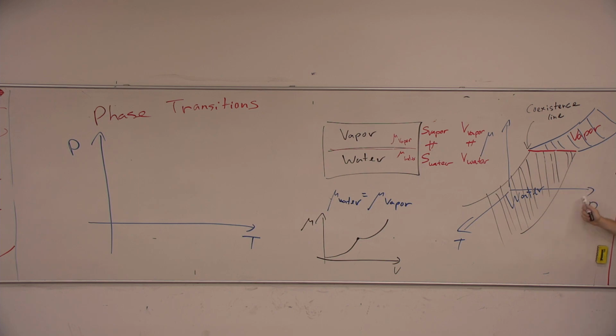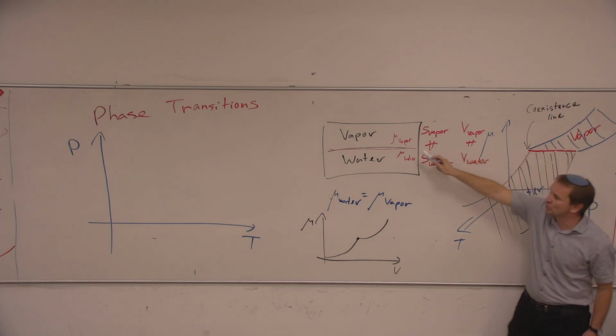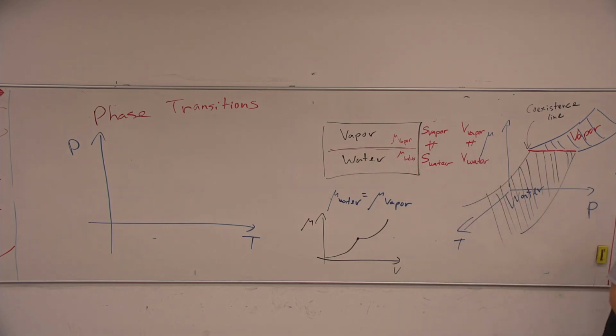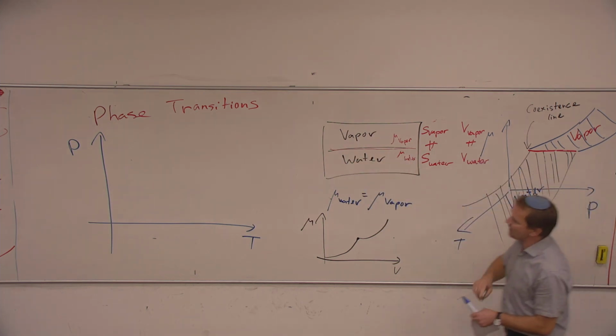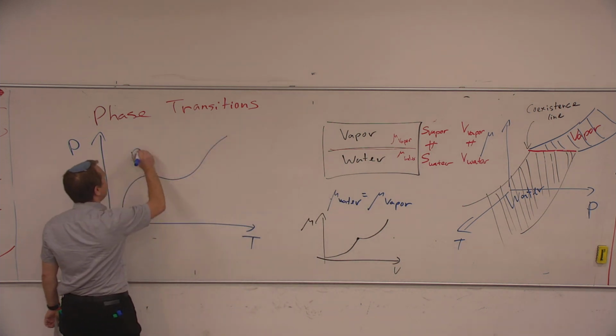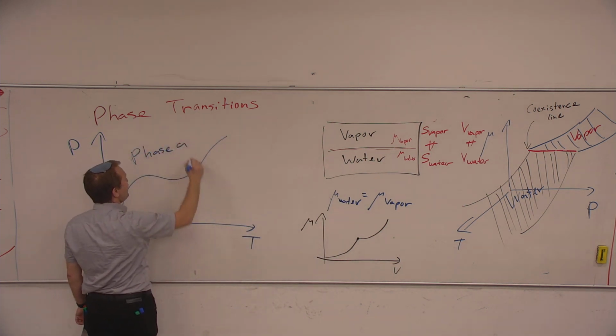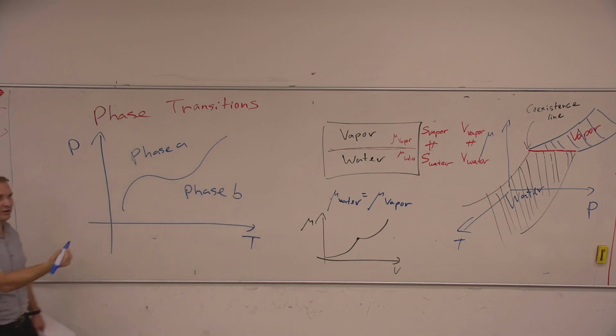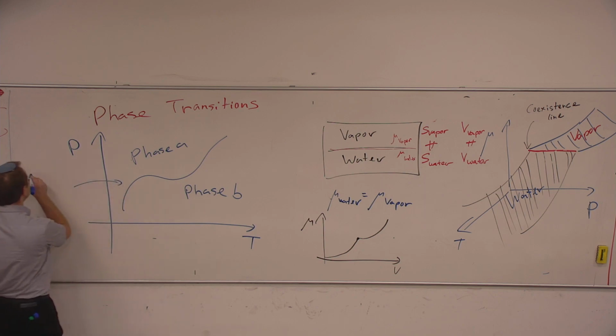For specific values of P and specific values of T, mu is exactly the same, but we have a system that is composed both of vapor and of water. So basically, if you look at P as a function of T, we have phase A and phase B. In our case, it's going to be water and vapor. And this is our coexistence line.